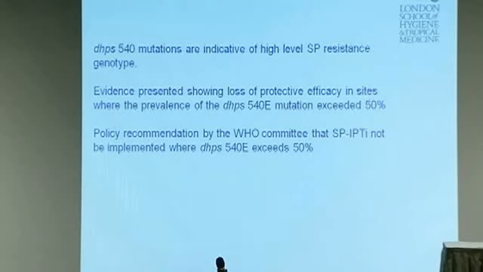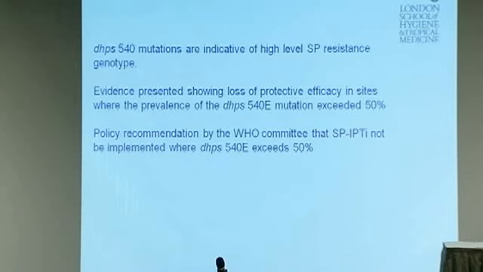In fact, it's the quintuple mutant, the East African form with the double mutant DHPS and triple mutant DHFR, which is really seriously hampering the efficacy of IPTi with SP. And in this case, the 540 mutations, which are present in East Africa but not in West Africa, are indicative of this highly resistant genotype.